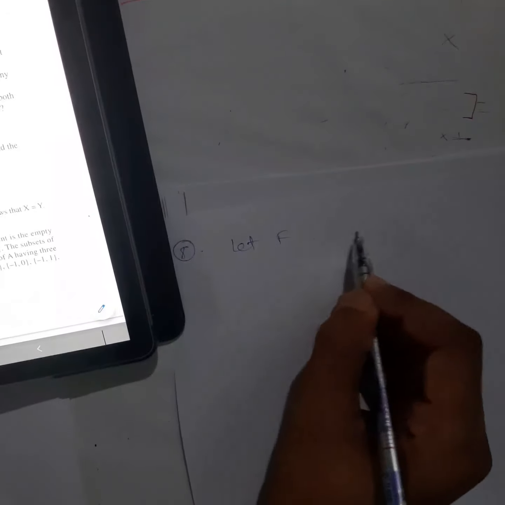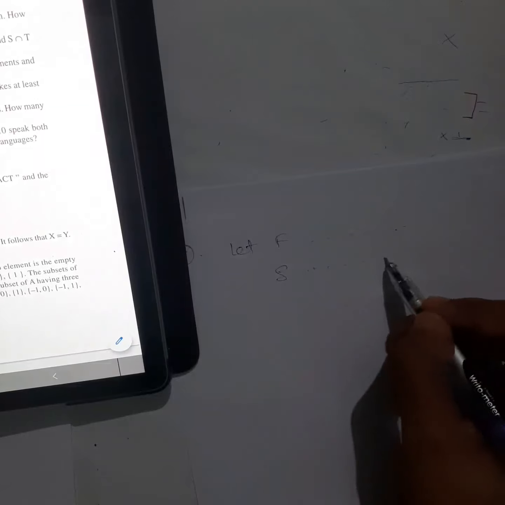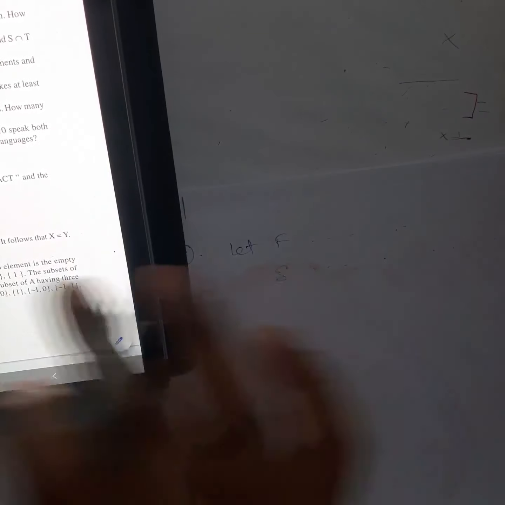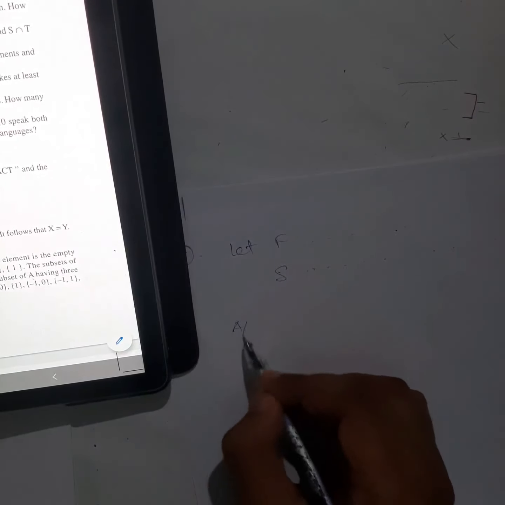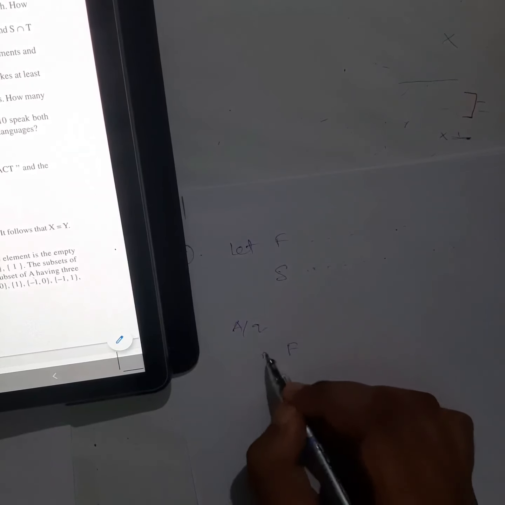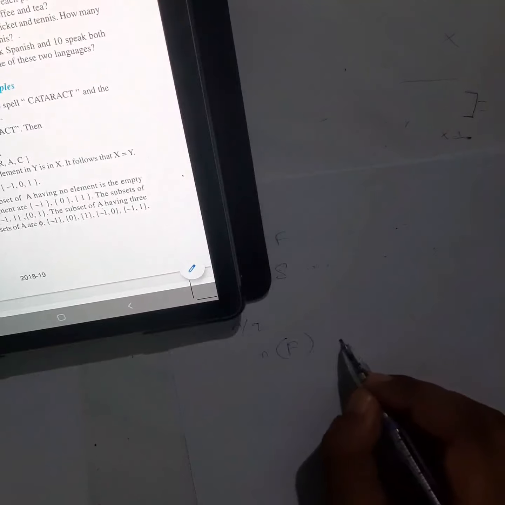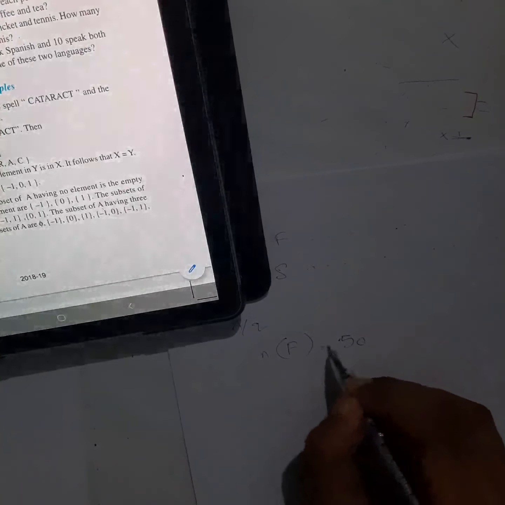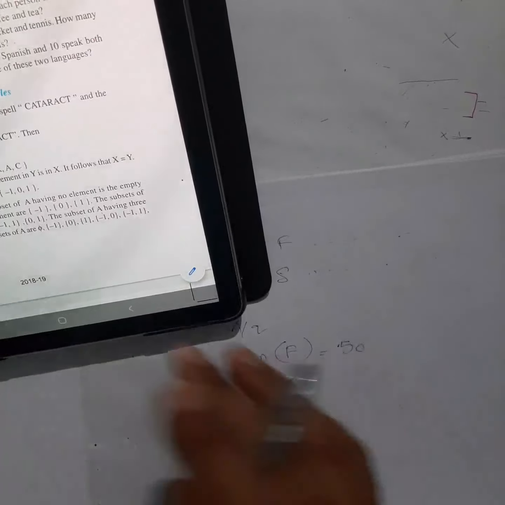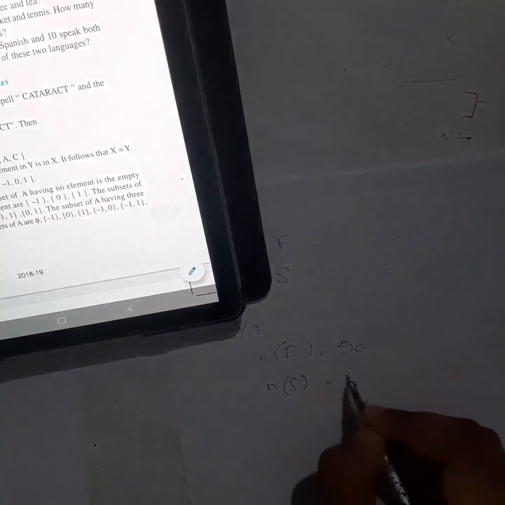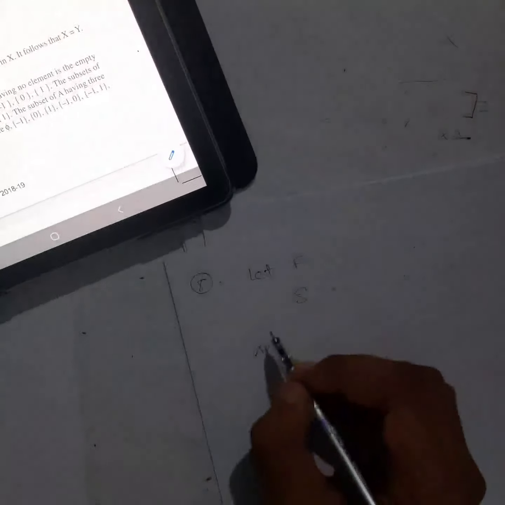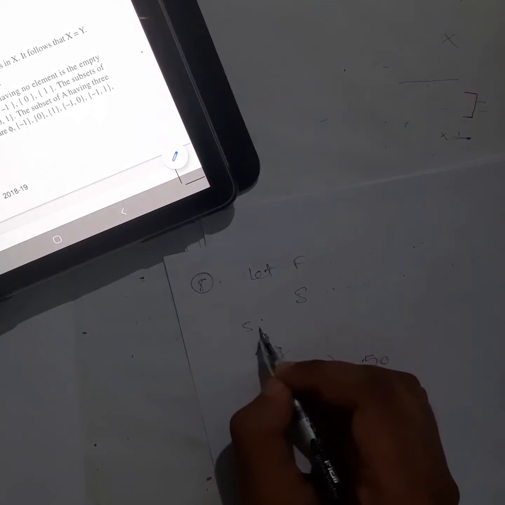Let F be the set of people who speak French, you write down, and S be the set of people who speak Spanish, you write down. According to the question, the number of people who speak French is how many? 50. The number of people who speak Spanish is equal to how many? You can write here also.